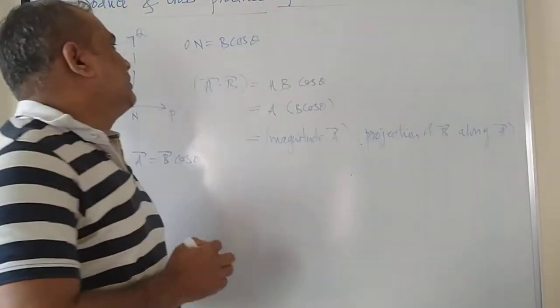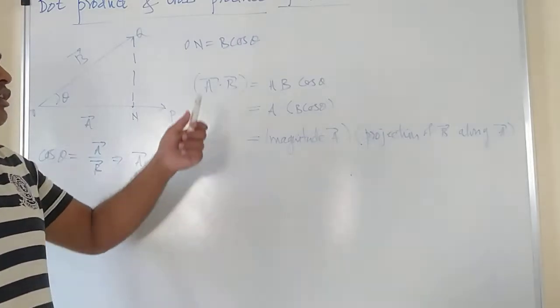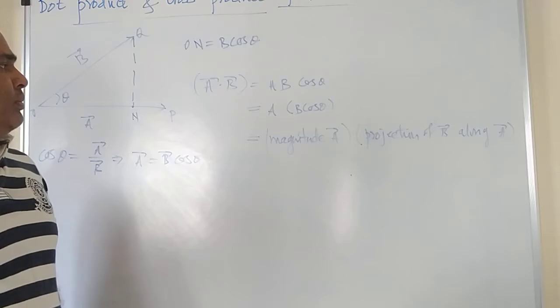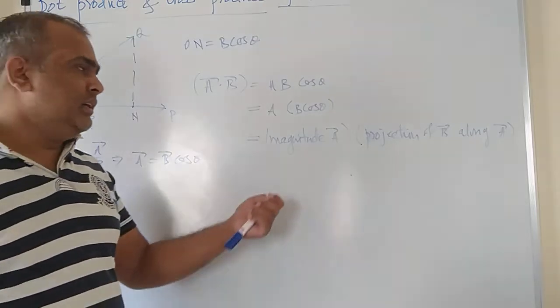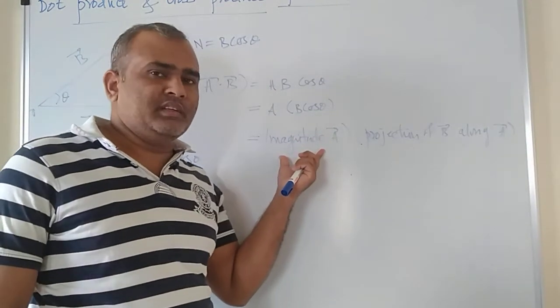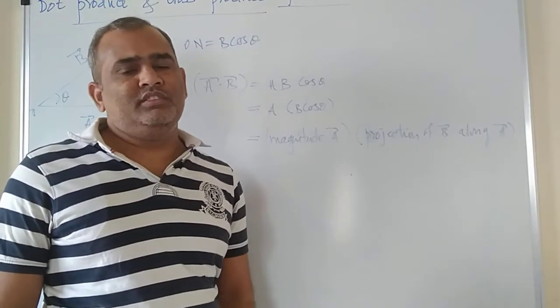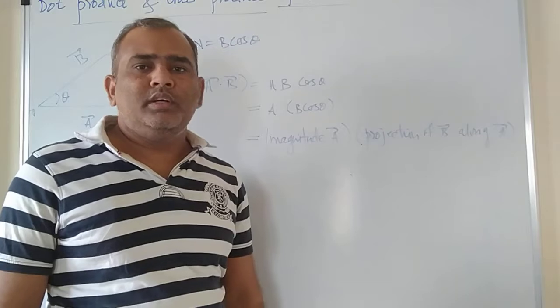You can represent the dot product of two vectors in terms of this also, and I can say the dot product of two vectors is the product of the magnitude of the first vector and the projection of the second vector over the first vector. This is another definition of a dot product.